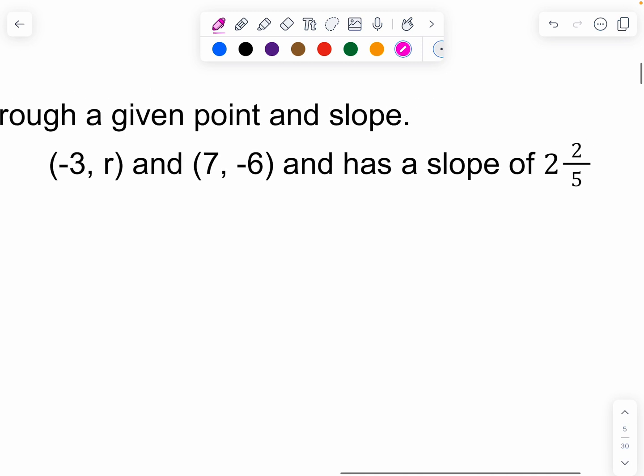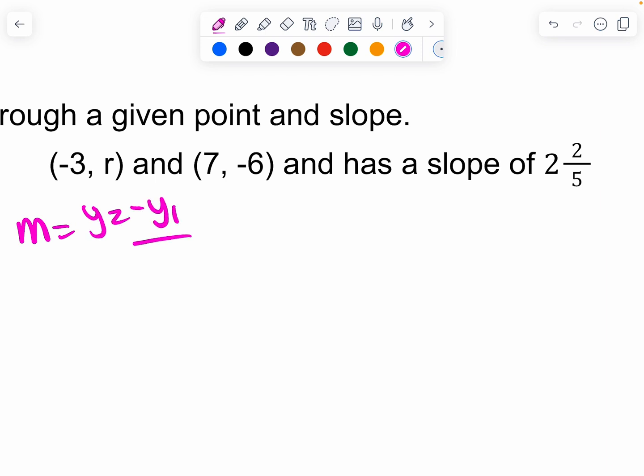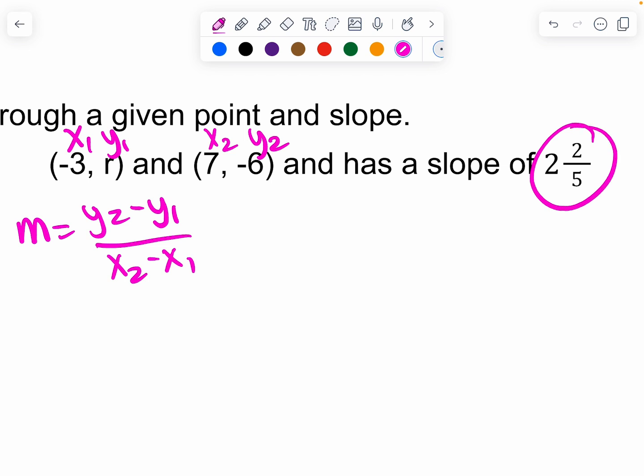Okay, let's do the same thing over here. m equals y2 minus y1, x2 minus x1, x1, y1, x2, y2. Ooh, I don't want that as a mixed number. So I multiply this, that's 10. I add this, so that is 12 over 5. So that's my m value. So I replace.